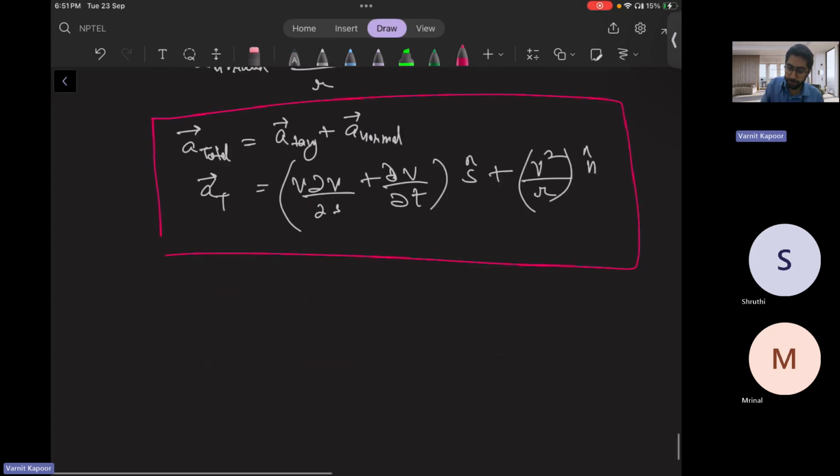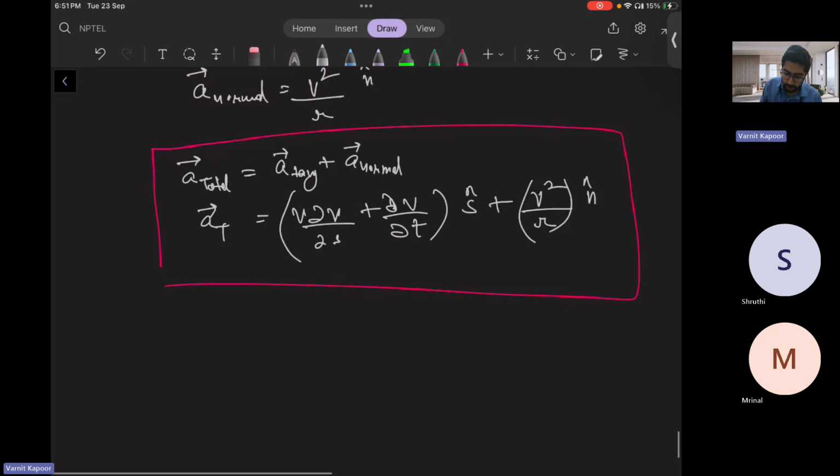And what will be the magnitude? A total magnitude will be the square root of A tangential square plus A normal square. Okay. All right, clear. I think this is pretty much clear. Any doubts still here?